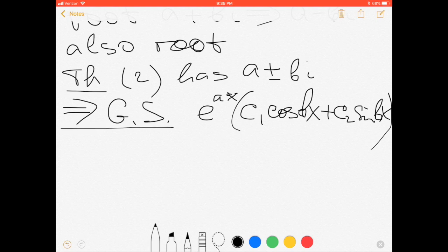How can we prove this fact? Let's go. We have two complex conjugate numbers.